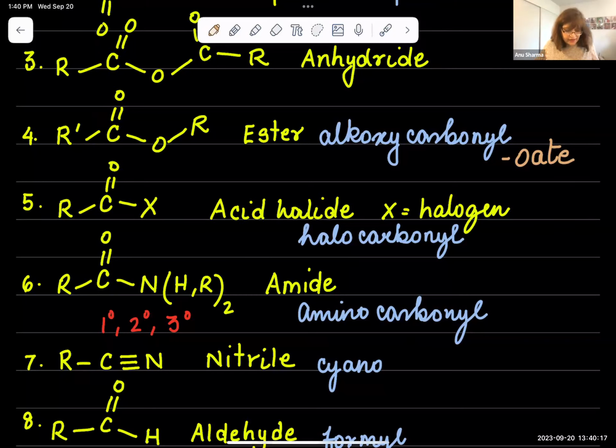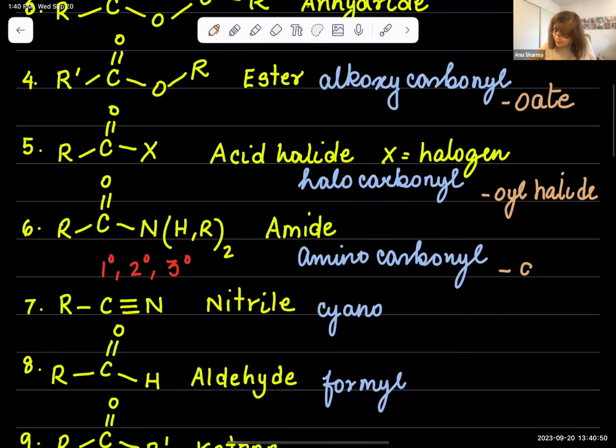Next is the halides. The halocarbonyl ending is going to be oyl halide, like benzoyl chloride. Next, the aminocarbonyl, and the ending is going to be amide, A-M-I-D-E.